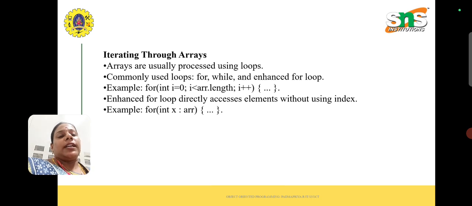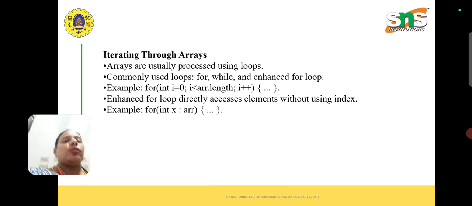Iterating through arrays. Arrays are usually processed using loops. What are the loops we are using? It's the for loop, while loop, enhanced for loop, and do while loop. These are all the loops we use with arrays. For example, if we are using a for loop, first we have to define the variable, the condition, and the increment operator.